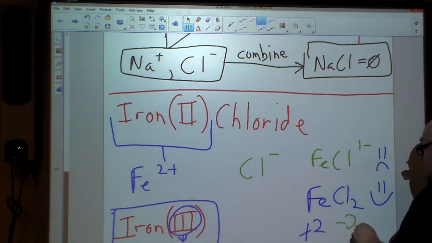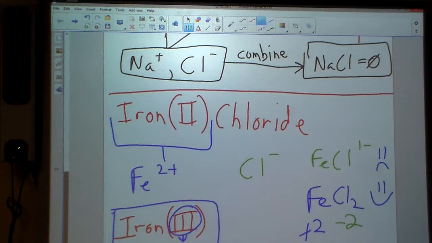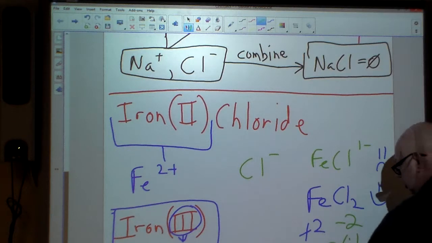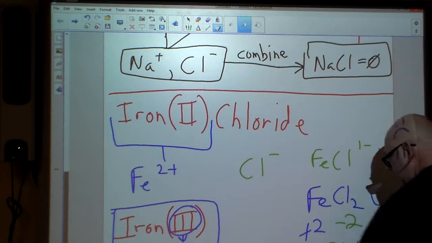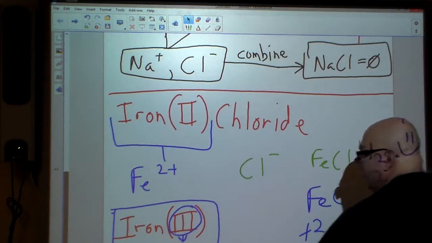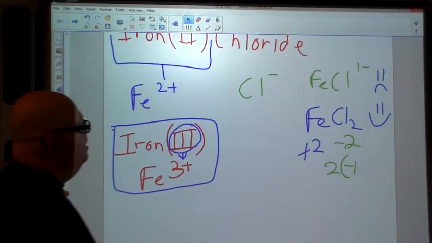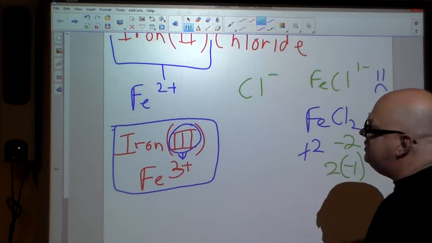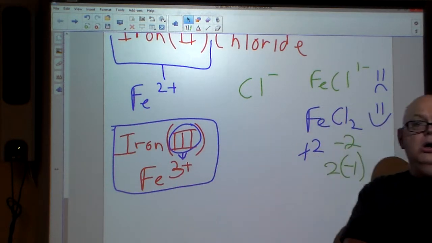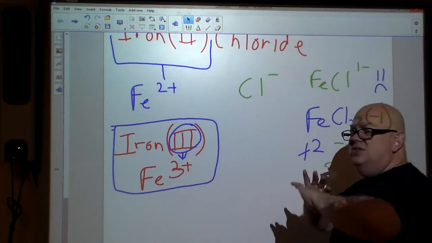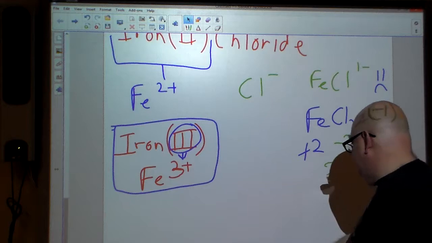I have a -2 charge because I got 2 chlorines, and each one is a -1 charge to it. So that's what's going on. So this is a quick balancing thing. There are my balancing videos that I go into, but this is just a very quick thing here.